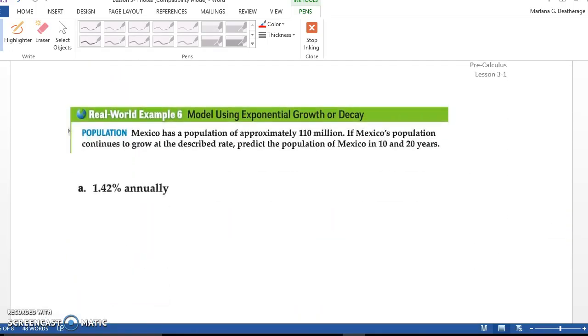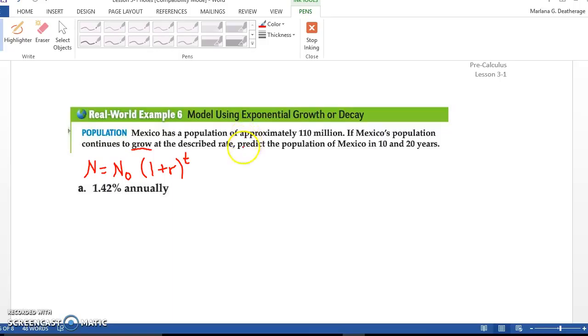So our formula is N equals the initial quantity, which is N sub 0, and it's growing, so it's going to be 1 plus r to the t power. If it was declining, it would be 1 minus r to the t power.